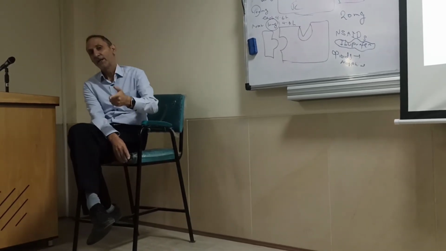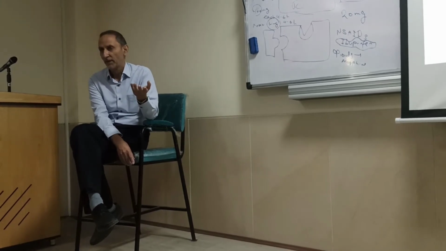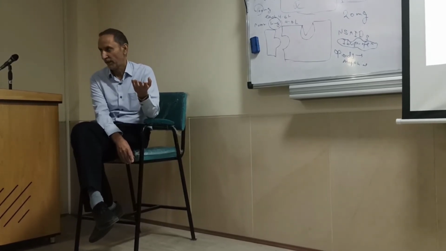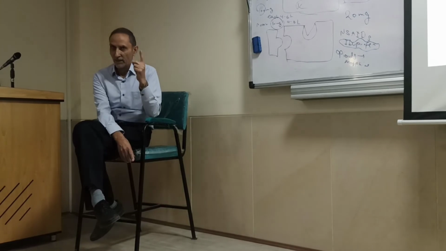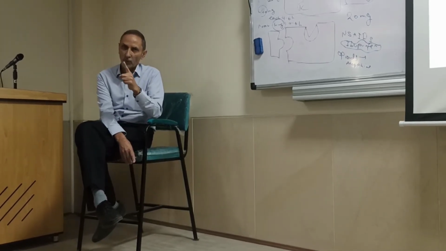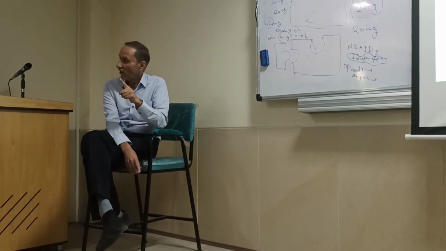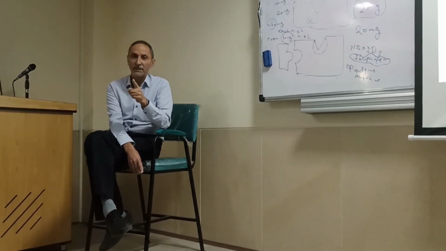So we say that GABA is an inhibitory neurotransmitter. Okay? GABA binding to receptors, opening of chloride channels, entry of chloride with negative charge into cells, and then hyperpolarization.